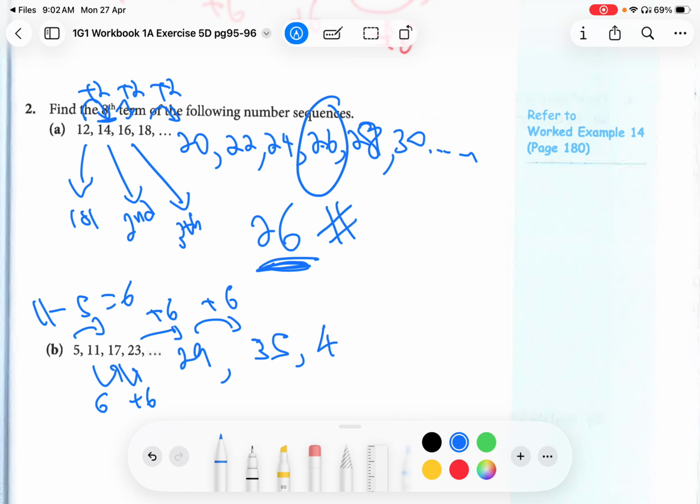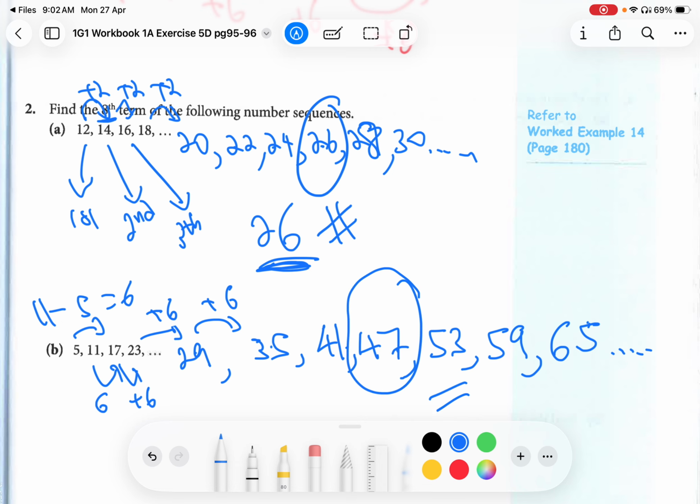Then plus 6 is 41, plus 6 is 47, plus 6 is 53, plus 6 is 59, plus 6 is 65, and so on. The eighth term: 1, 2, 3, 4, 5, 6, 7, 8. 47 is the eighth term.